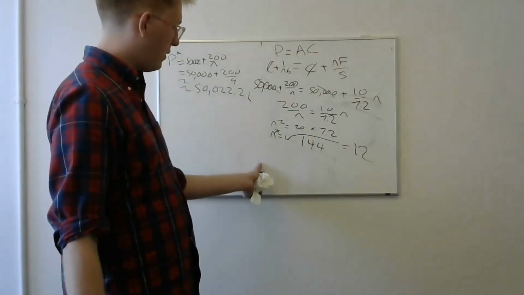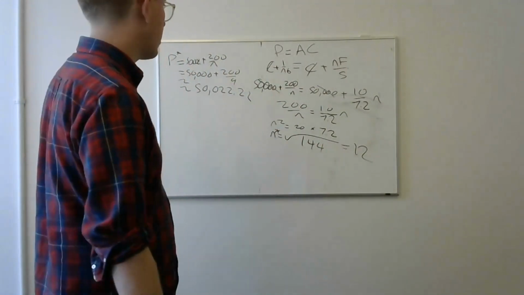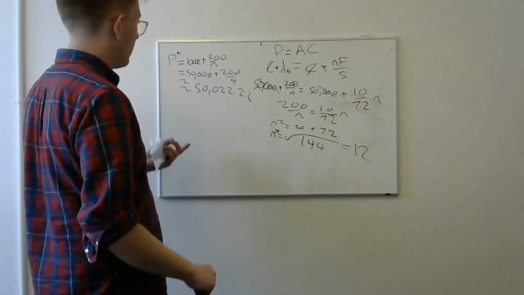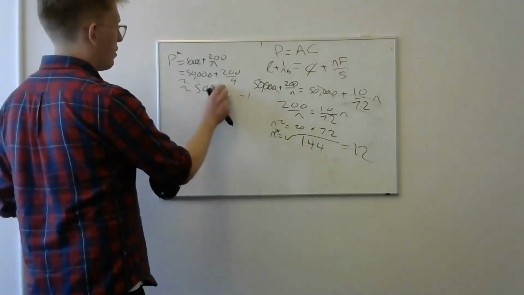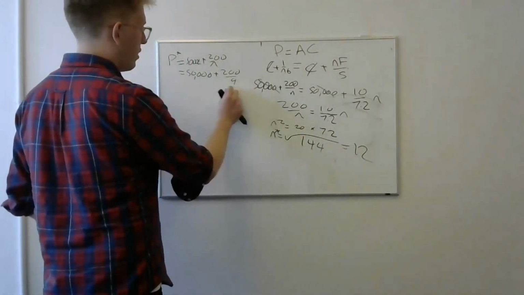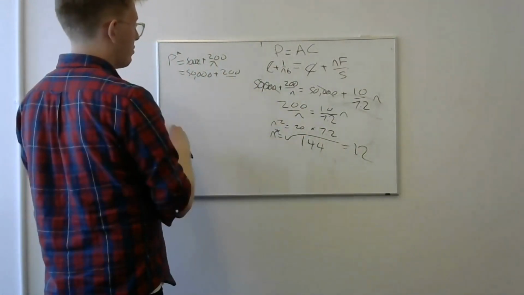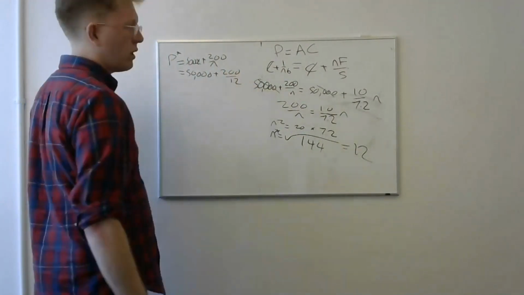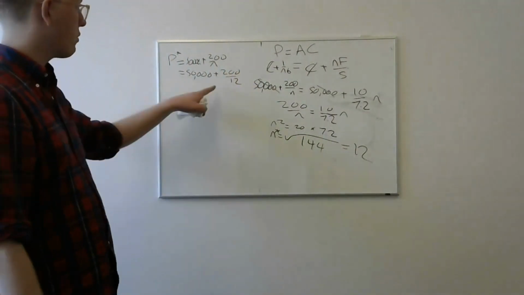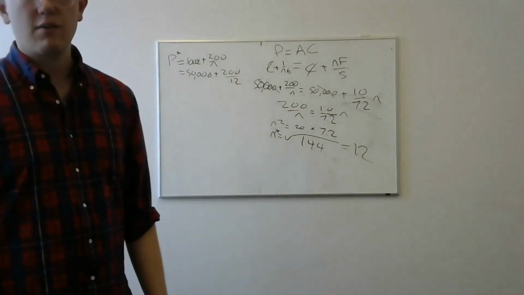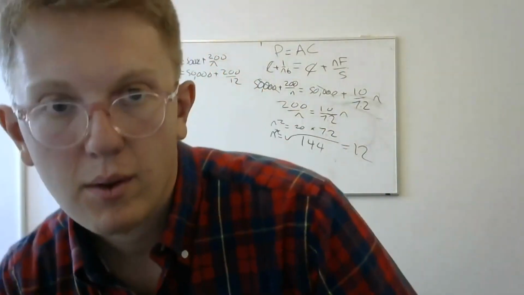We're just plugging in a new value of S into our average cost. And then here, when we figure out what our new equilibrium price should be, again, we're just going to plug in 12 here rather than N. So that's going to give us our new price.